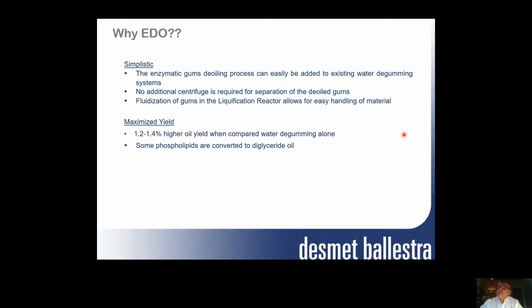And naturally, what is important is the maximization of the yield, which is about 1.2 to 1.4. We expect even higher values of oil yield when compared with the degumming alone. So the extra yield will be about 1.2 to 1.4% of the oil production. And naturally, also some phospholipids are converted to diglyceride oil.